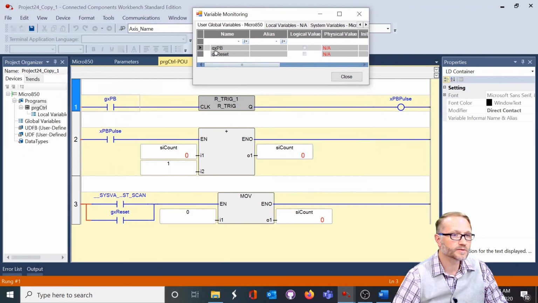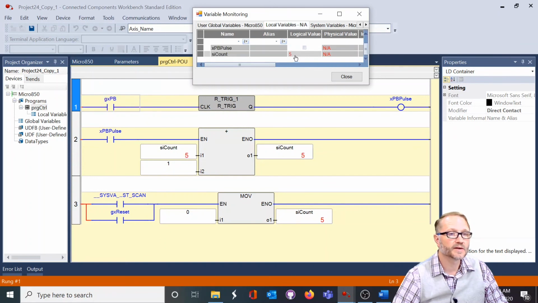So global Boolean push button. If we push it once, we should see that the count increments by 1. Now remember, this was a pulse. You will never see a pulse come out of connected components. All right, so we turn it off, we push it again, the count should go up to 2, and every time we push it, the count is activated.